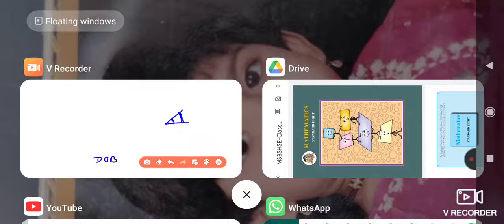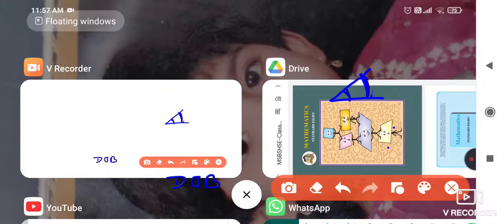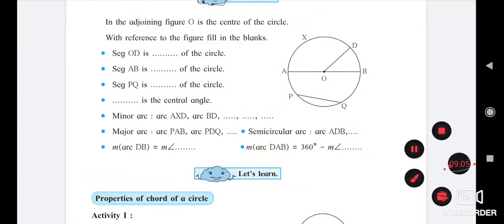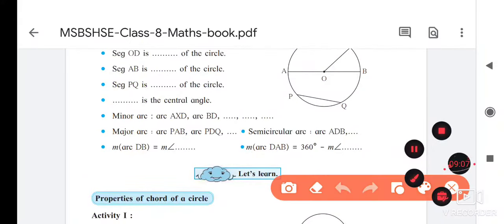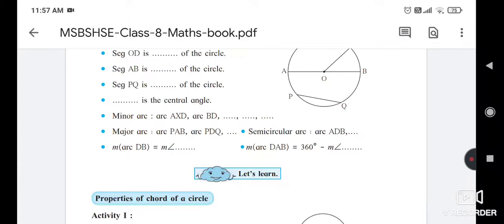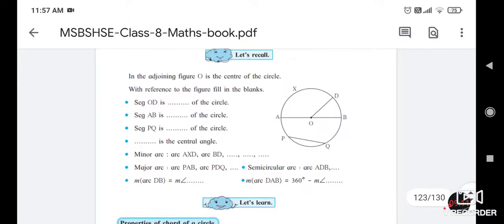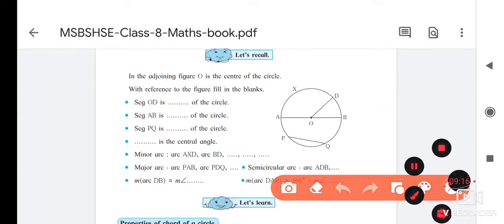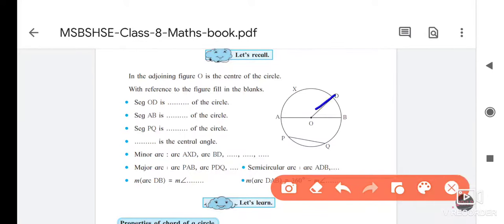The next is arc DAB, which is given in the picture. So the measure of arc DAB is equal to 360 minus the measure of arc, as they gave us here.